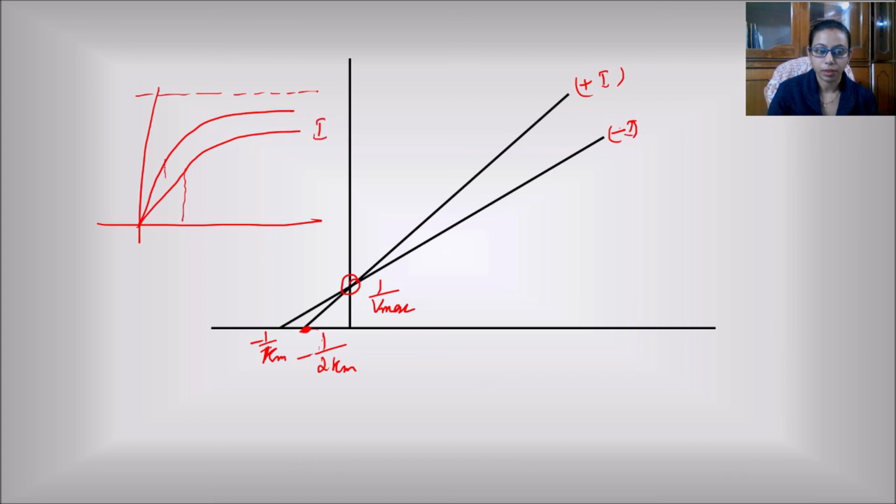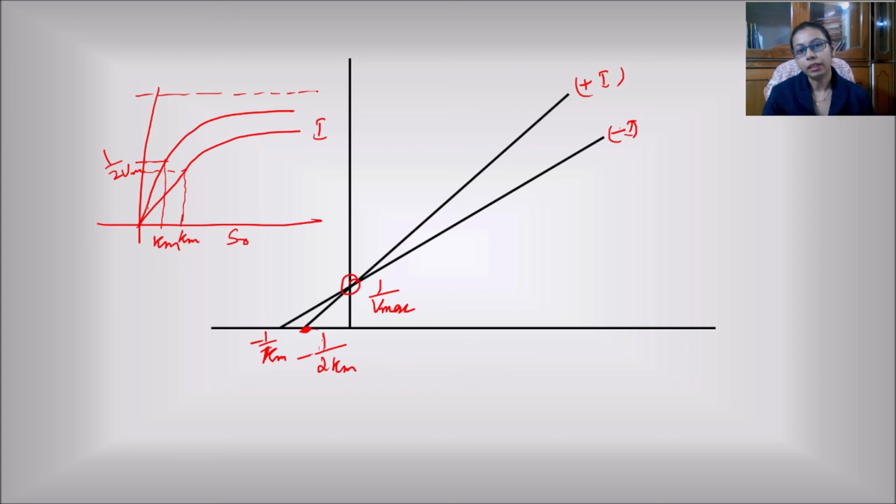In the absence of the inhibitor, we know that half the value of Vmax will give you the value of Km when we drop a parallel line toward the S-axis, which is the substrate concentration. Similarly, here also the V naught, or half of the Vmax, will be decreased and the Km value will increase.